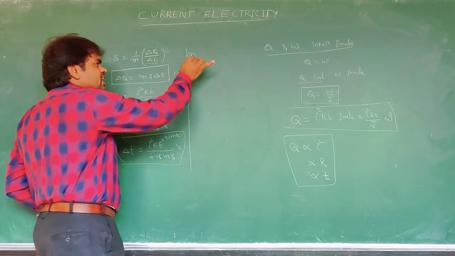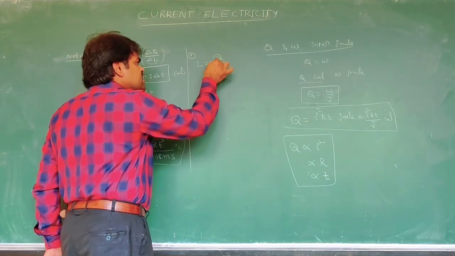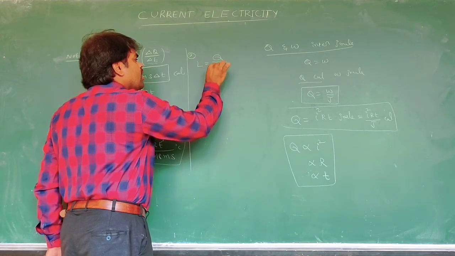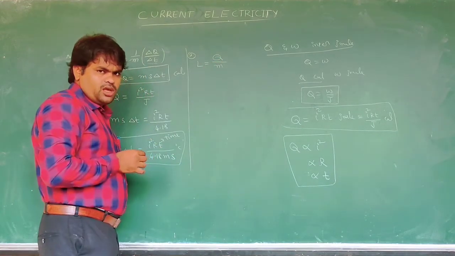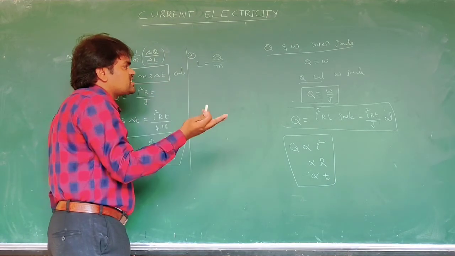The latent heat is defined as the amount of heat required to convert a substance of mass 1 kg from one state to another state.